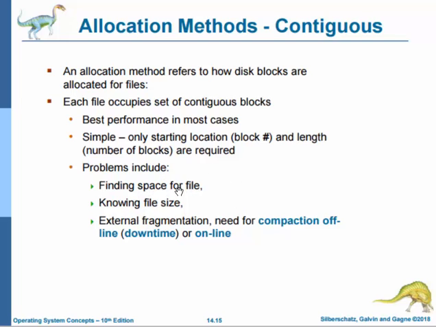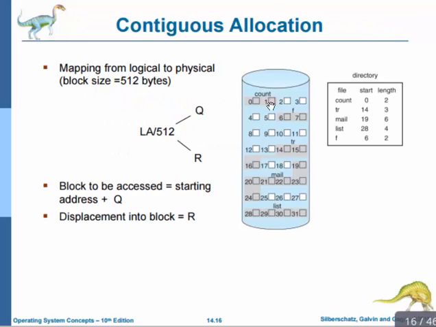So basically, contiguous allocation of a file is defined by the address of the first block and length, measured in block units, of the file.